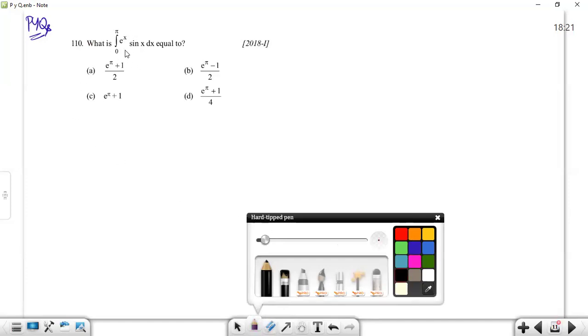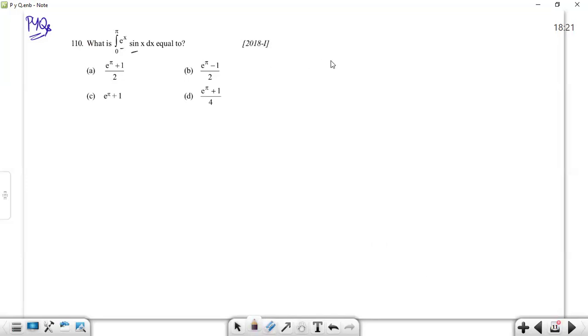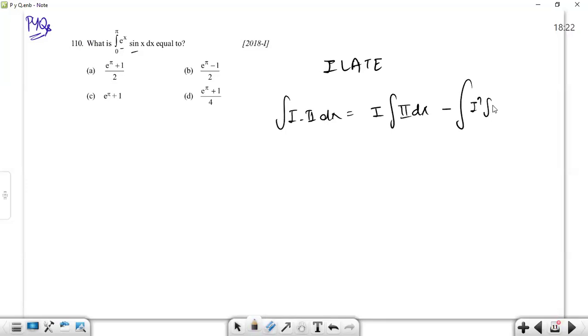So now we know there are two functions in the product, so we can use ILATE. For choosing our first function, the integration happens like this: first function, into integration of the second function, minus integration of the first function's derivative into the integration of the second function.